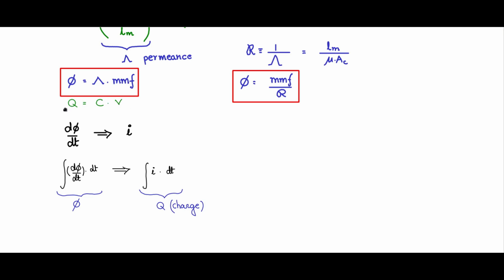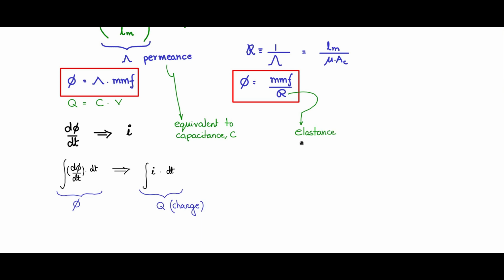This is a well-founded relationship in the electrical domain, and you see the equivalent relationship in the magnetic domain. Phi is equal to permeance times MMF. So permeance is actually behaving equivalent to the capacitance, and in fact it is so. The energy storage within the magnetic domain is happening in the permeance, the equivalent capacitance in the magnetic domain. So what is reluctance? Reluctance is 1 by capacitance, nothing but elastance.